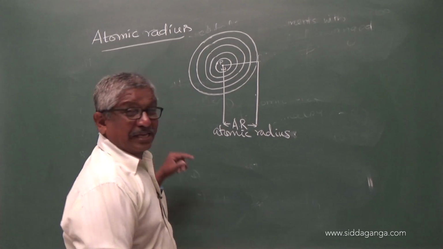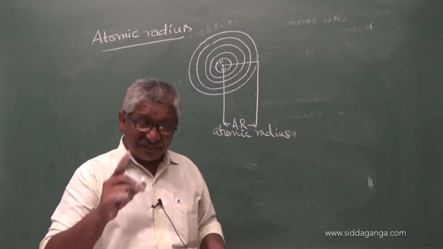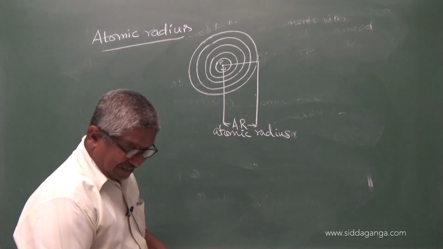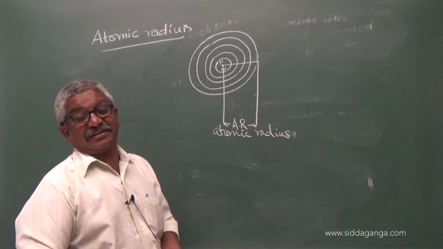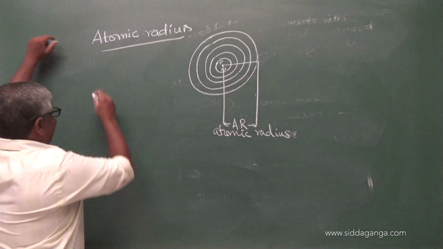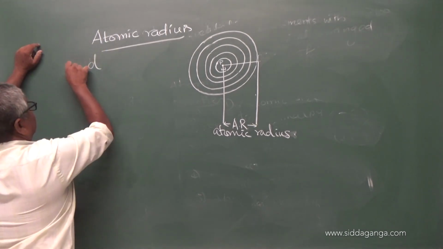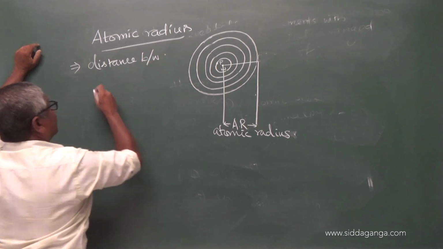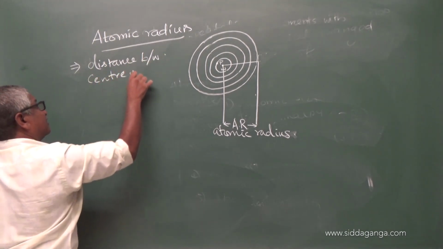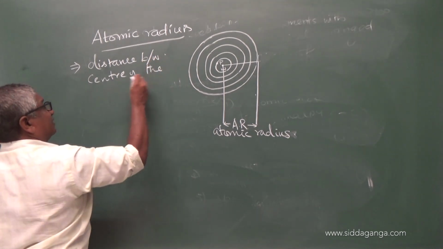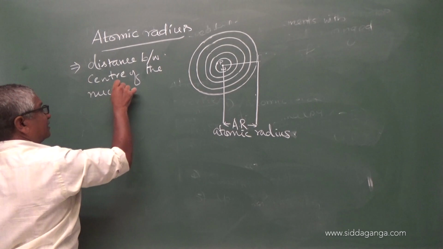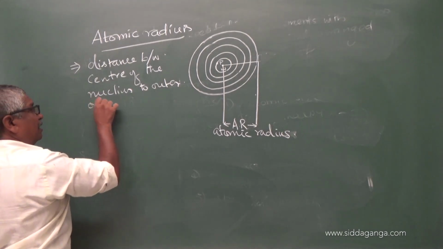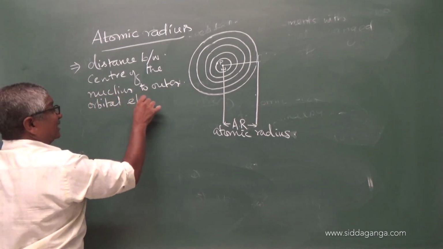That's why, what is the atomic radius definition? The atomic radius is the distance between the center of the nucleus of an atom to the outermost orbital electrons.